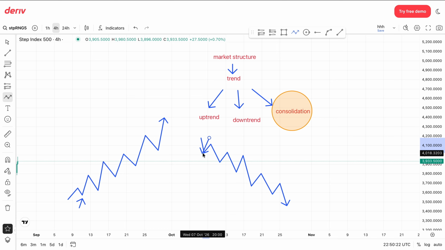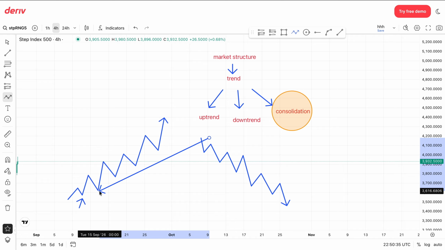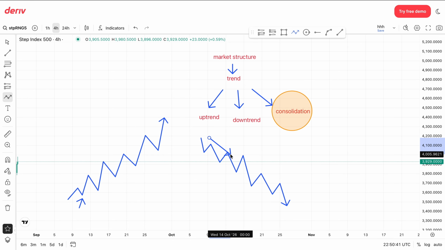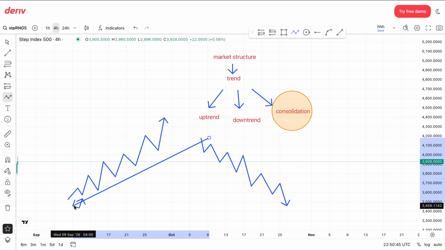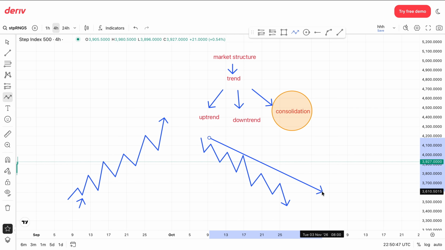Then this is a lower high. These highs are lower than the previous ones. Just like I said, for an uptrend we have higher highs and higher lows, while this one has lower highs and lower lows, just like a slope. You see now, it's going down, this one is going up. Okay, so I think that's clear.